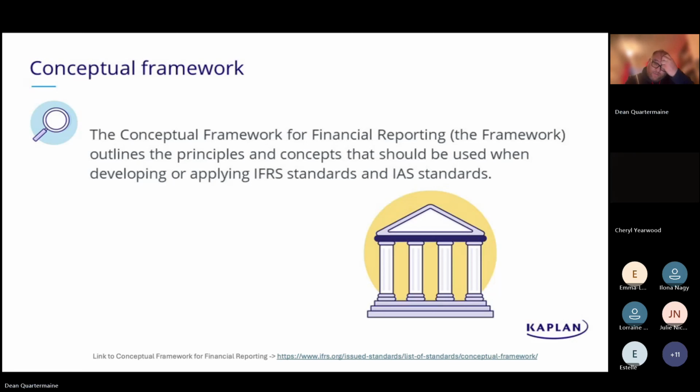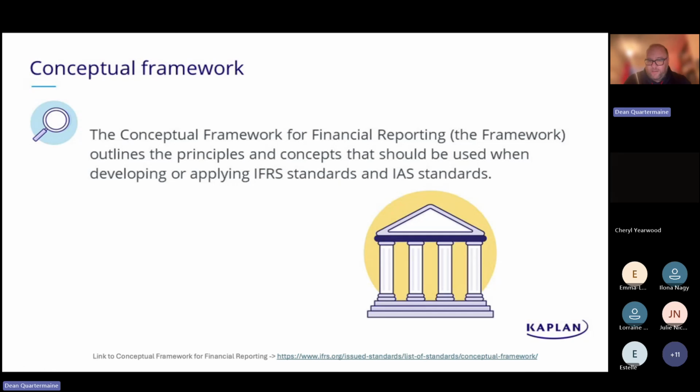They almost both come from IFRS, but IFRS is the new terminology. IFRS, International Financial Reporting Standards, IAS, International Accounting Standards. As the international accounting standards get rewritten, they're becoming IFRS standards. Right at the bottom of this slide here, I've got a link to the actual conceptual framework for financial reporting.